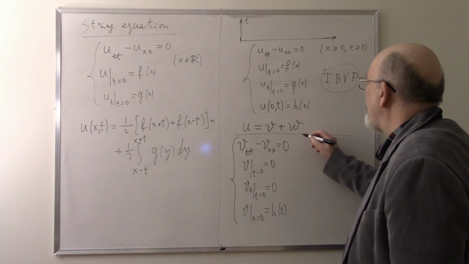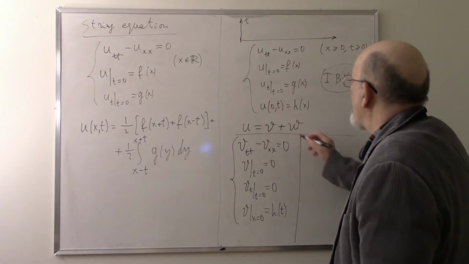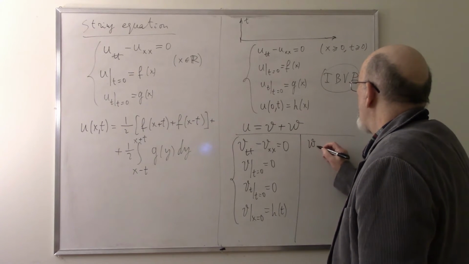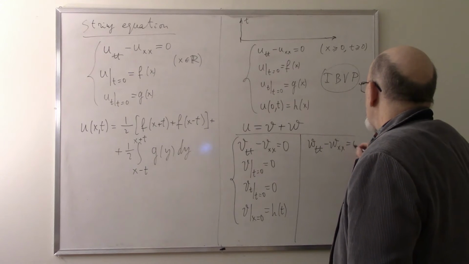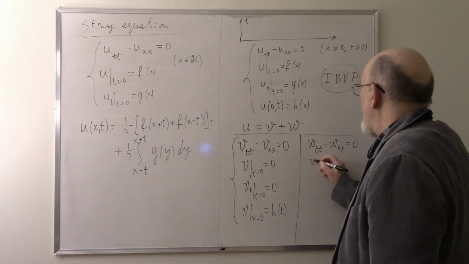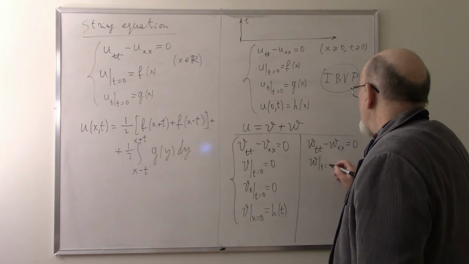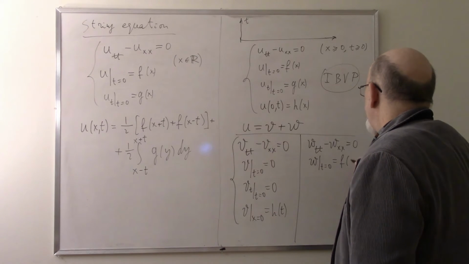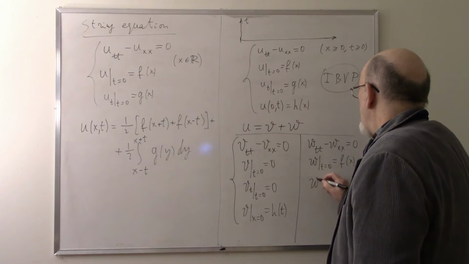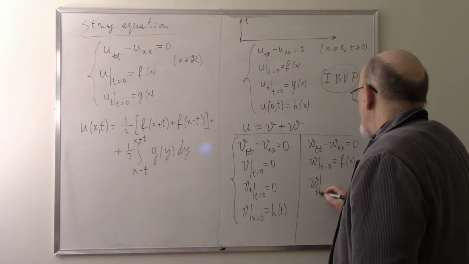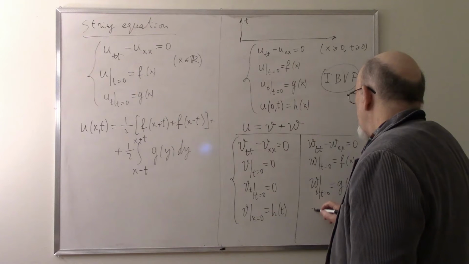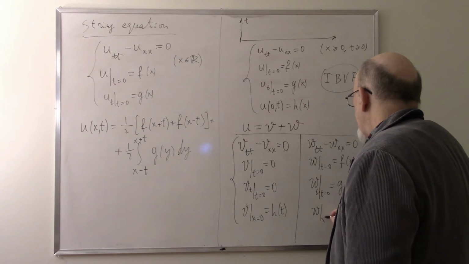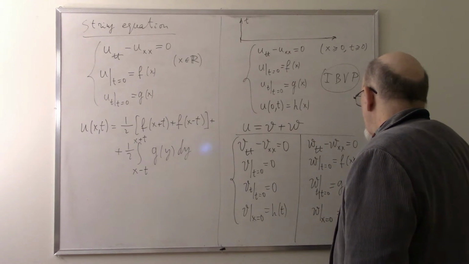And the other set of conditions, for w: w_tt minus w_xx equals 0, w for t equals 0 equals f of x, w_t for t equals 0 equals g of x, and w for x equals 0 equals 0.